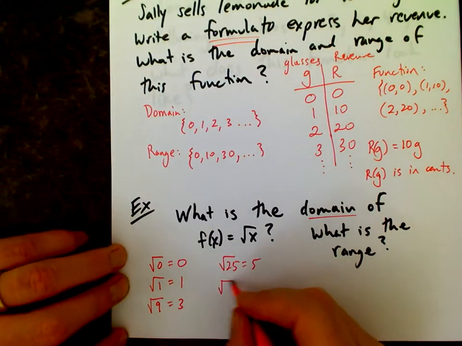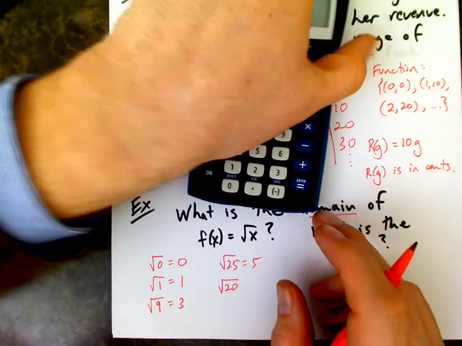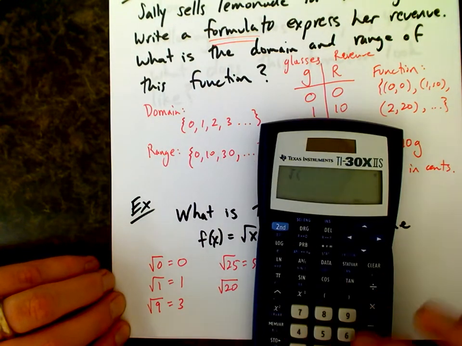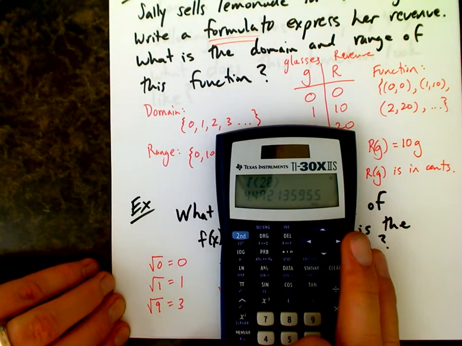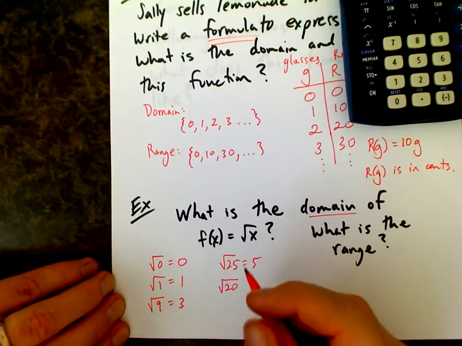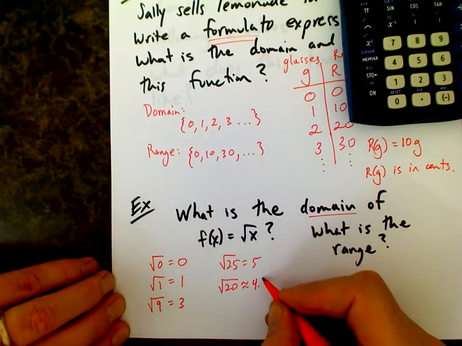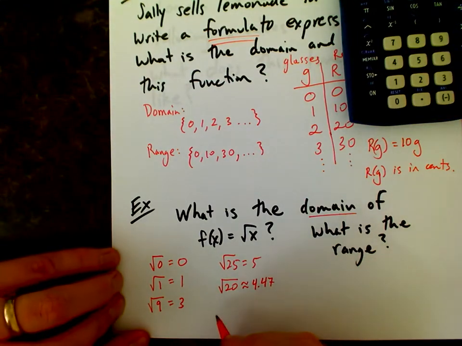I can take the square root of 20, but when I do that, I get an approximate value in my calculator, 4.47. Not an exact value, it's irrational. However, it's still a number, so it's possible to take the square root of 20.